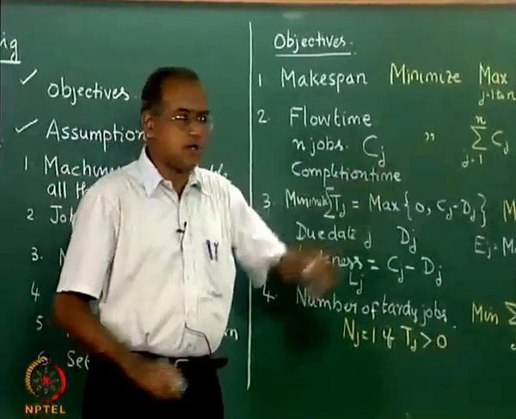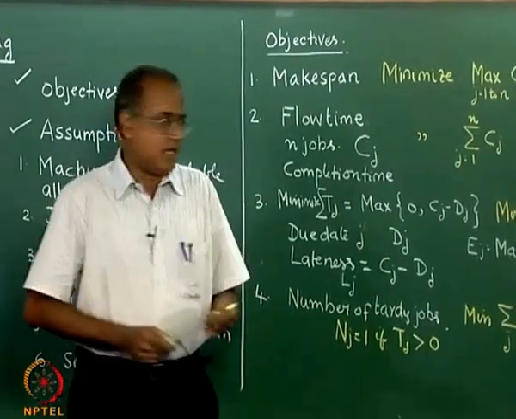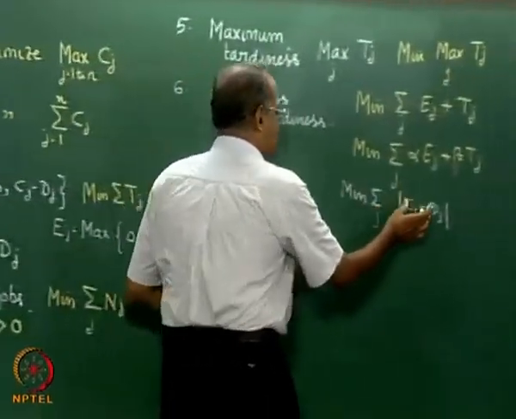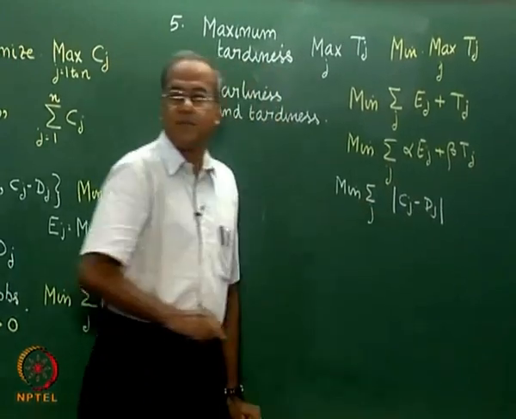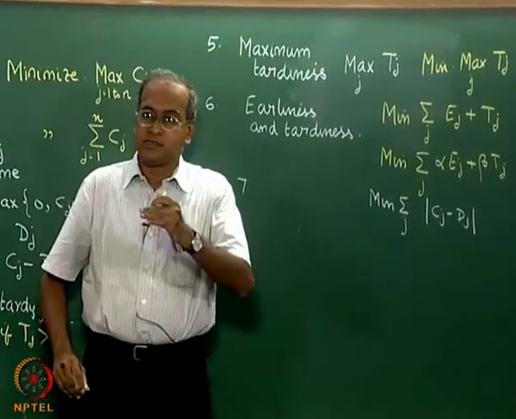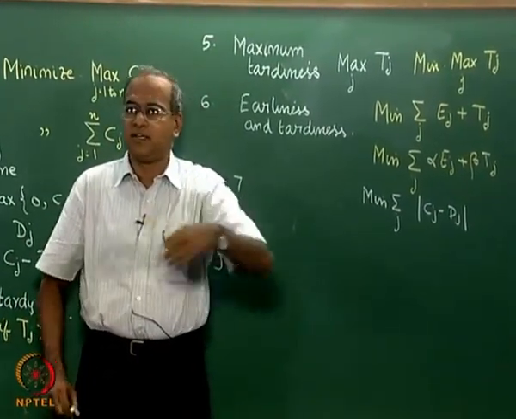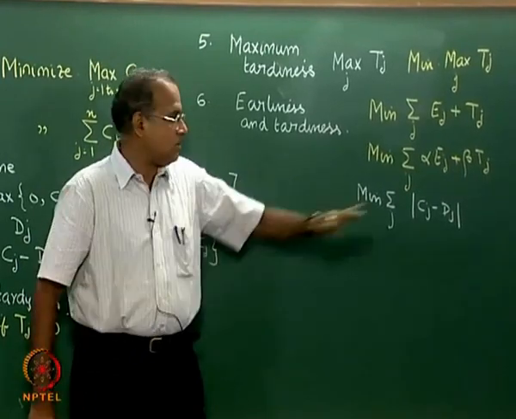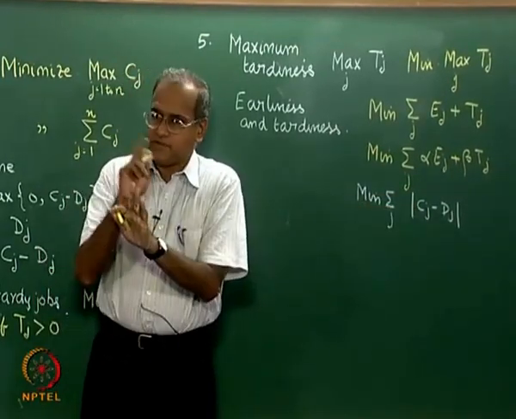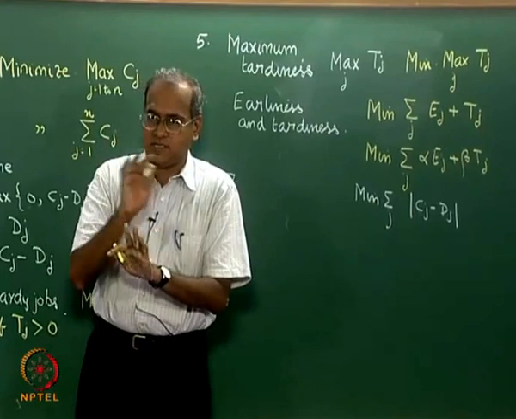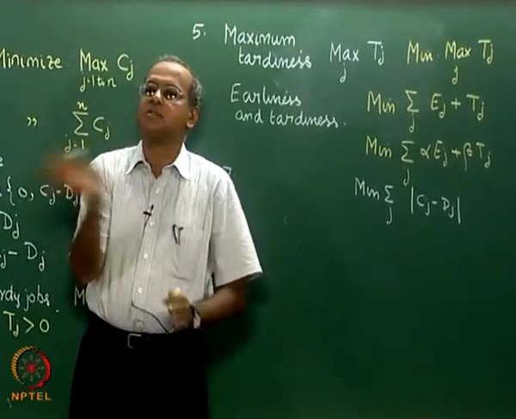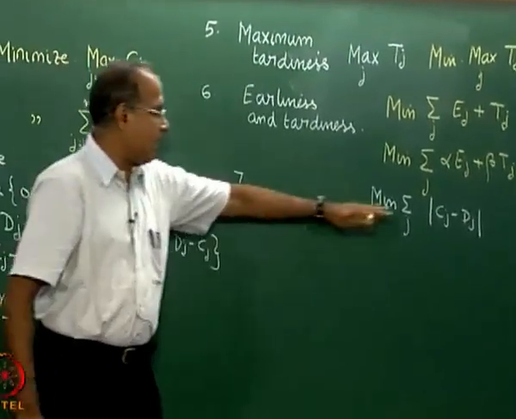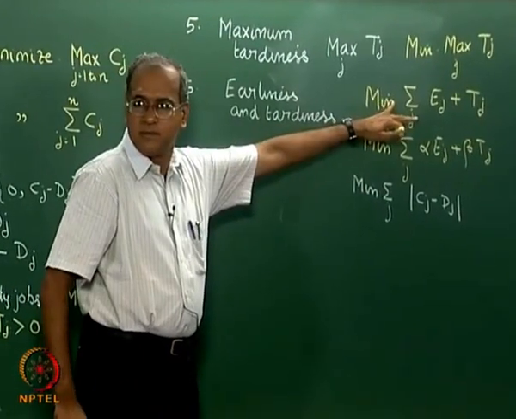If it is 0, it is not going to contribute. If the term inside is positive, which means the completion time is after the due date, then it is tardiness, and the absolute value will be positive. If cj minus dj is negative, which means it is early, the absolute value would still be positive. So this adequately represents this.